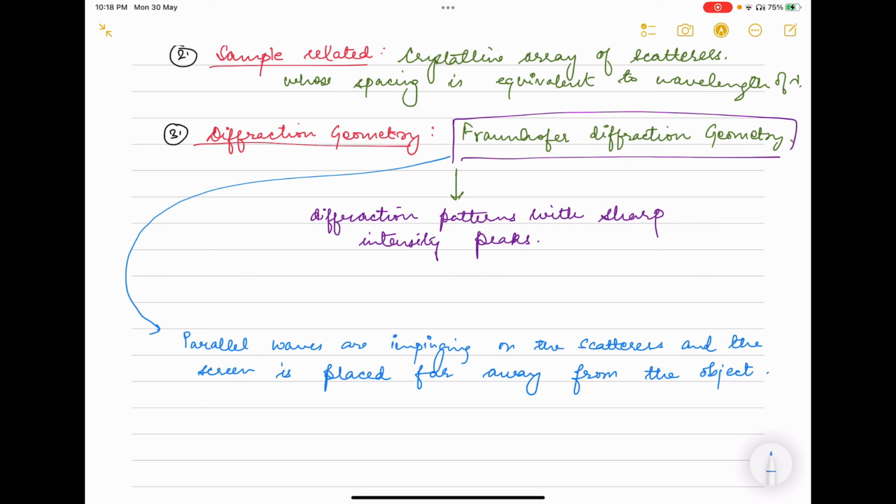Okay, so this is Fraunhofer diffraction geometry.